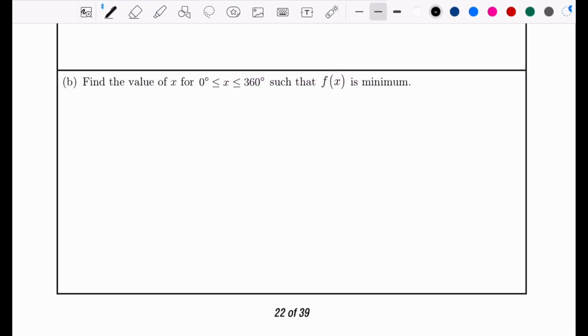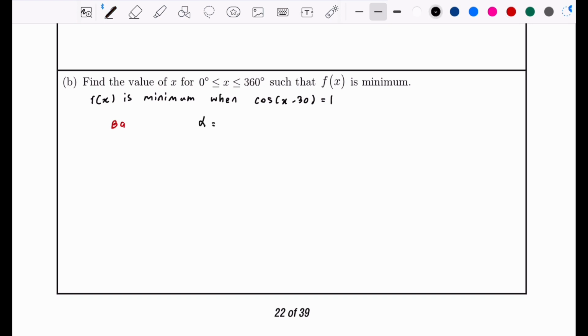For part B, we have to find the value of x such that f(x) is minimum. And from part A, we know that f(x) is minimum when cos(x minus 30) equal to 1. First find the reference angle.